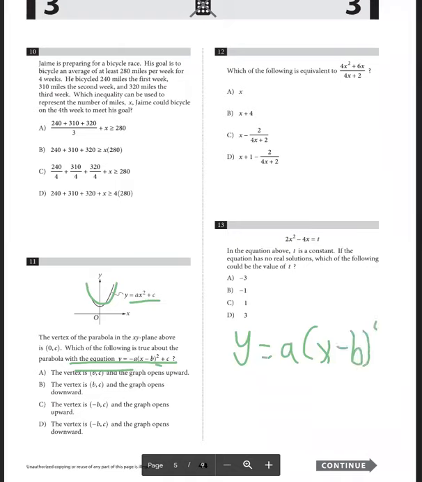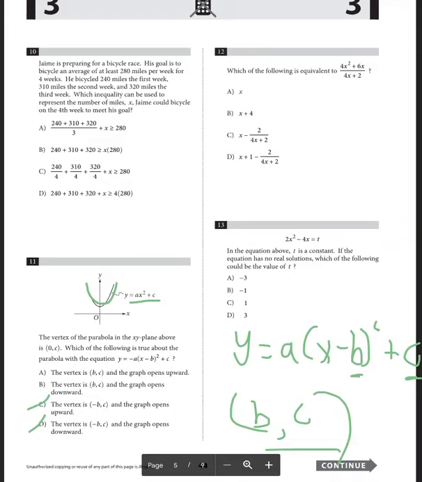The vertex is (b, c), and that's how you do it. So ignore the minus sign there. It would just be (b, c). That would be your vertex. So the only answers that have (b, c) as a vertex are A and B. So we know it can't be C or D. That helped us eliminate 2 answers.